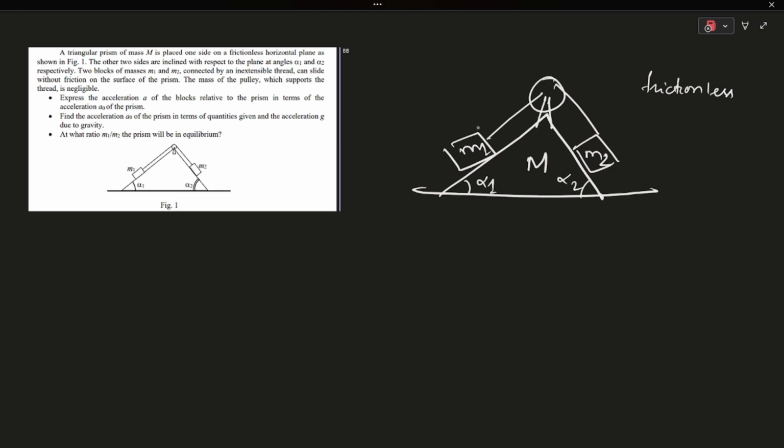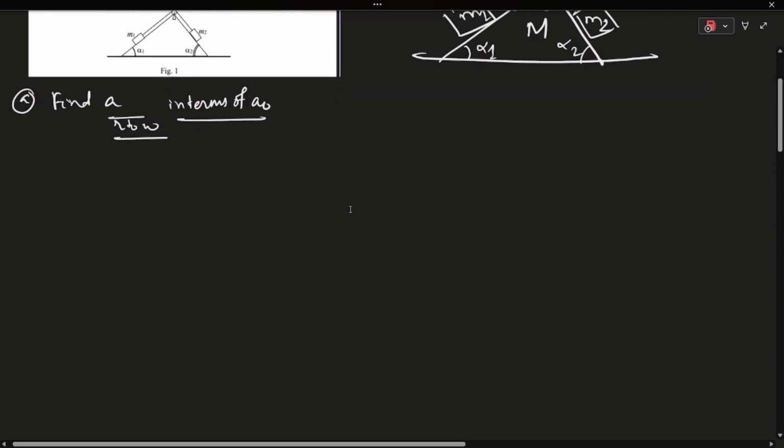Then our first task is to find A in terms of A naught, the acceleration of the blocks relative to the prism, relative to the wedge. So let's see.